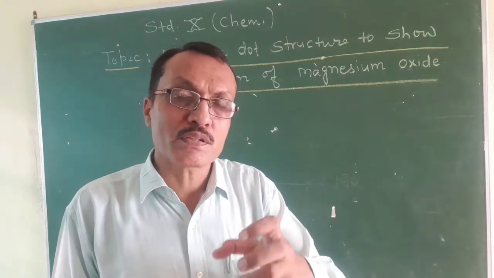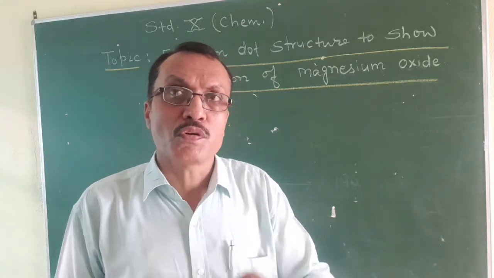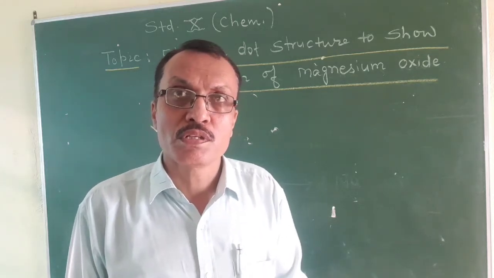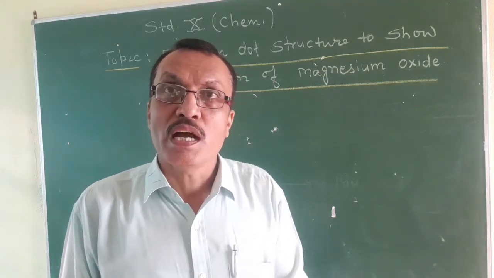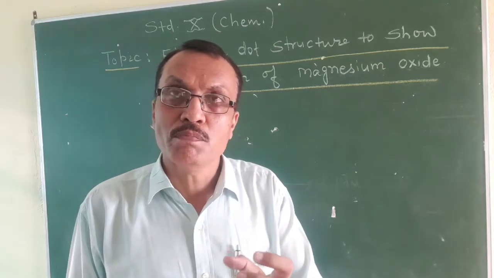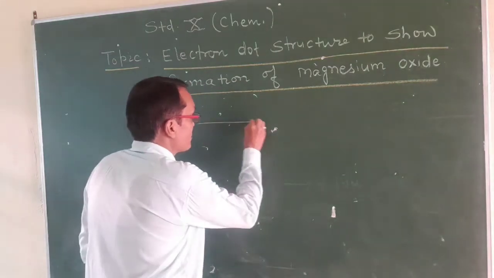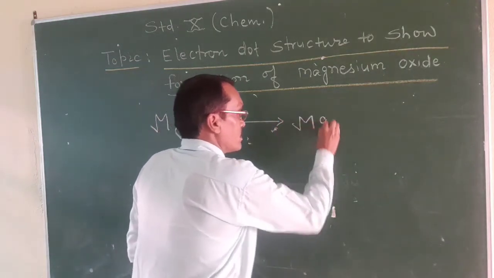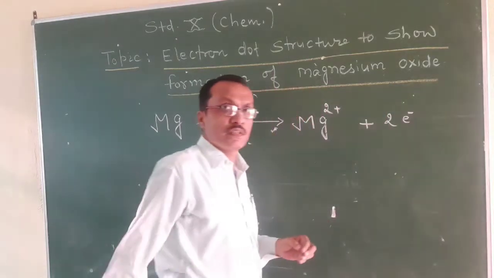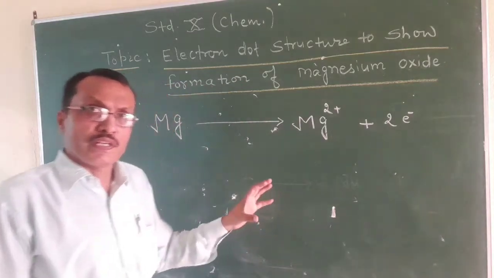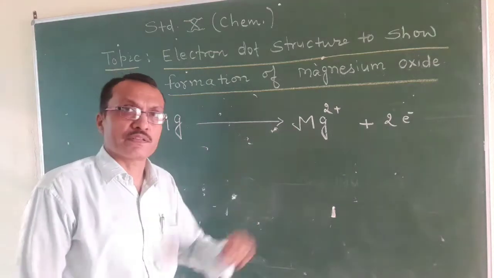In its outermost orbit there are two electrons. So magnesium will lose its two electrons and form a cation, a positively charged ion, which you can show like this: Mg2+. So the loss of electrons by the magnesium atom you have to show like this.